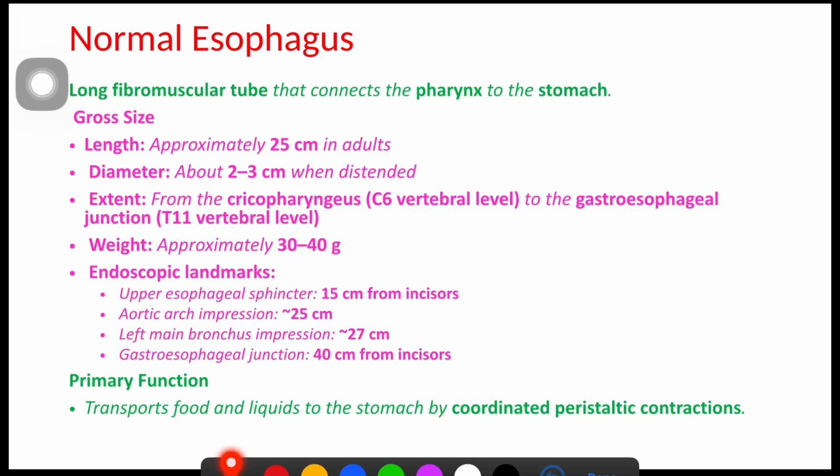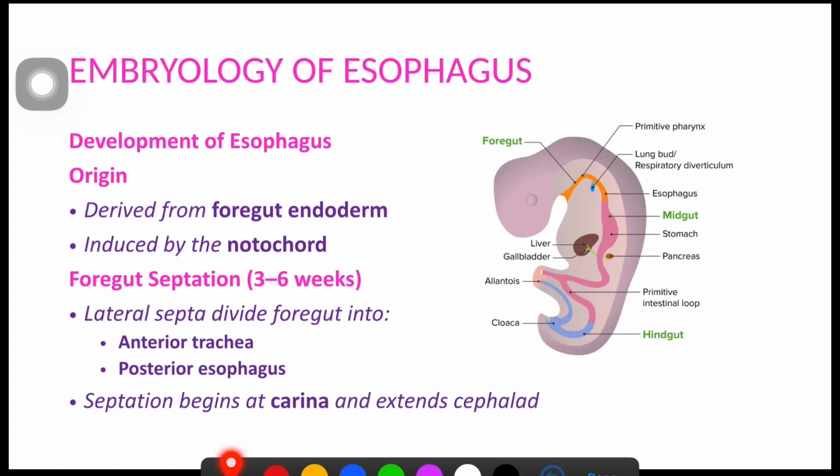For endoscopic landmarks, they use the measurement from the incisor teeth. The upper esophageal sphincter is 15 centimeters from the incisors, the aortic arch impression 25 centimeters, the left main bronchus impression 27 centimeters, and the GE junction 40 centimeters from the incisors. The primary function of the normal esophagus is to transport food and liquids to the stomach by coordinated peristaltic contraction.